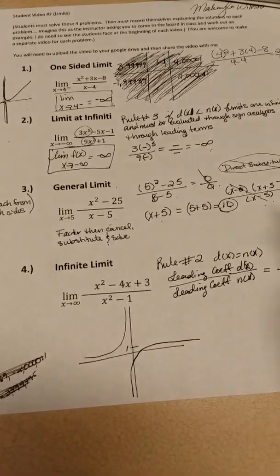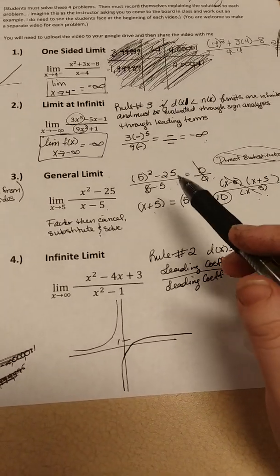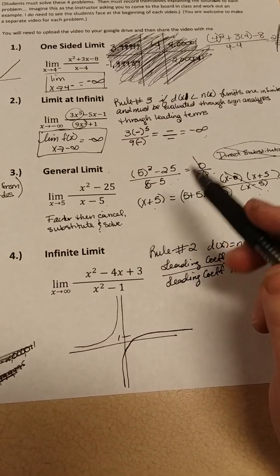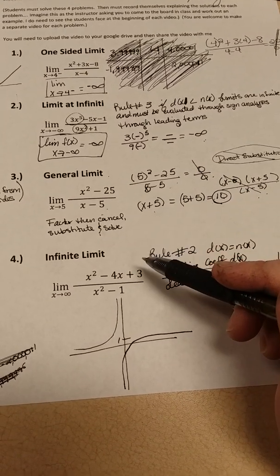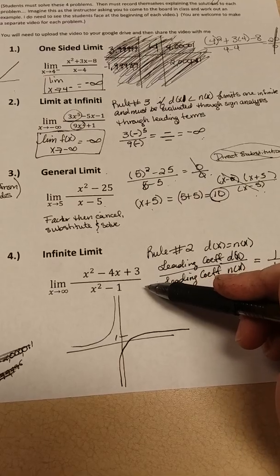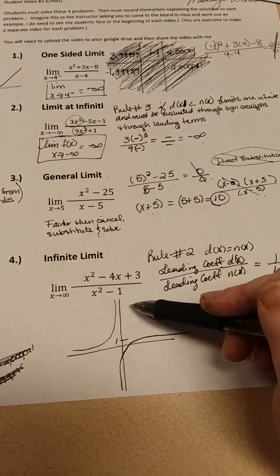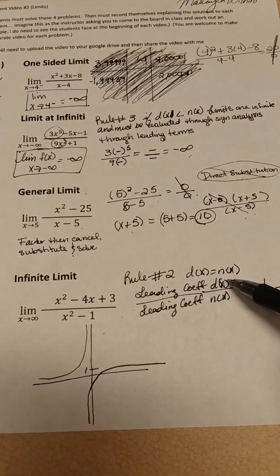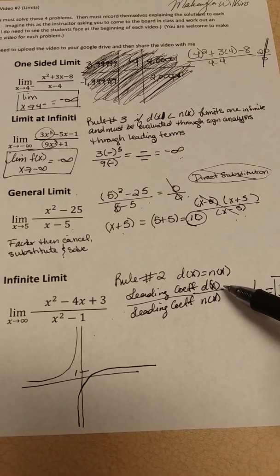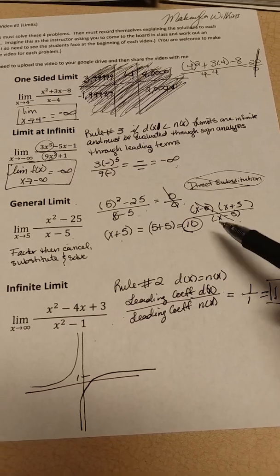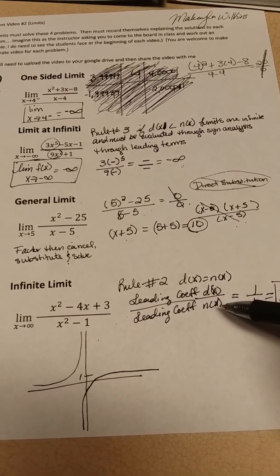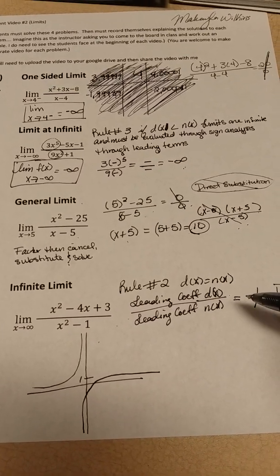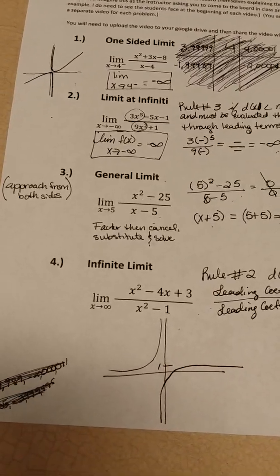And then our last one, infinite limits. The limit of x squared minus 4x plus 3 all over x squared minus 1 as x approaches infinity. I used rule number 2 that we learned for finding the limits of rational polynomials. If the degree of the numerator equals the degree of the denominator, we can just divide the leading coefficients.